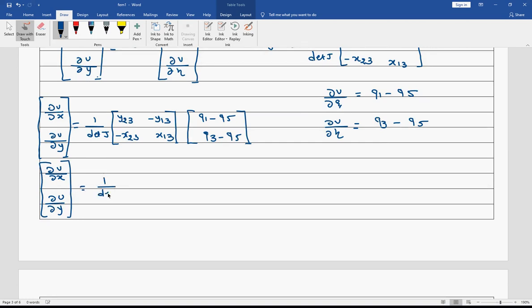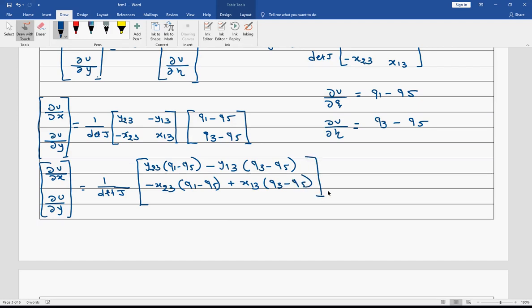Del u by del x, del u by del y is equal to 1 over determinant of J, and now I could write this as y23 q1 minus q5, and this into this plus this into this, so minus y13 q3 minus q5, this will be minus x23 q1 minus q5 plus x13 q3 minus q5.